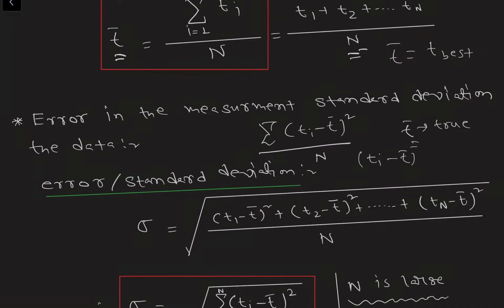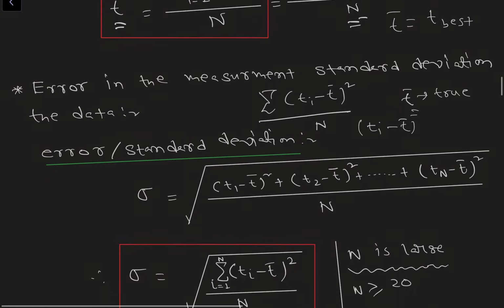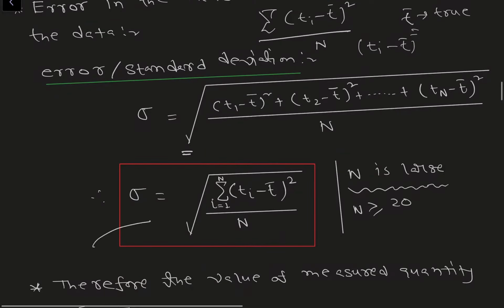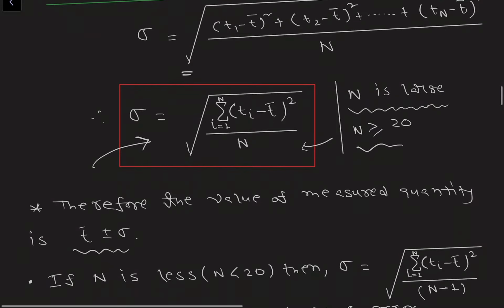Then we take the average of the square of this error, then we take the square root. So this formula will give us the error when the error is random. We use this formula when our sample size is relatively large. As a thumb rule in the laboratory, we can assume the sample size is greater than or equal to 20.